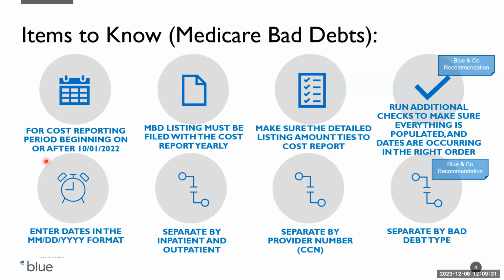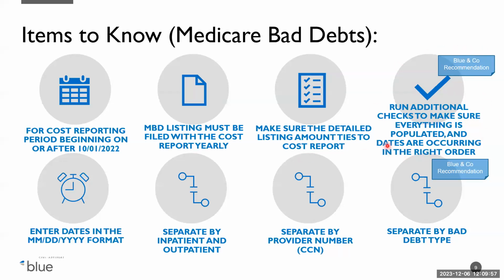If you work on it monthly, you should already be using this new template as you're working on it throughout the year. The Medicare bad debt listing must be filed with the cost report every year. You need to make sure that the total of your detailed Medicare bad debt listing ties to the cost report. So the numbers you import in the cost report need to be exactly the same.